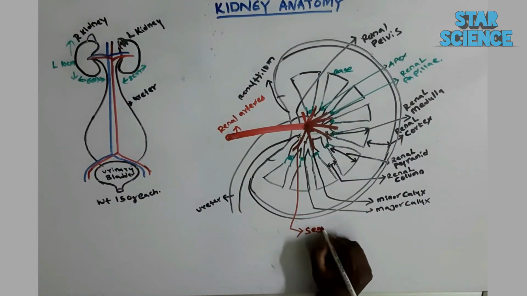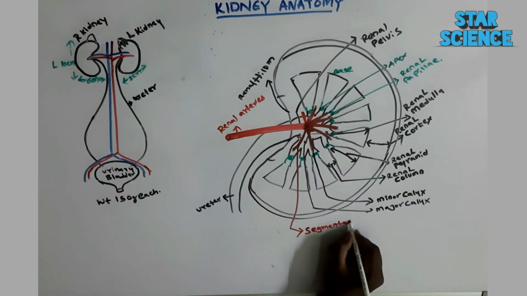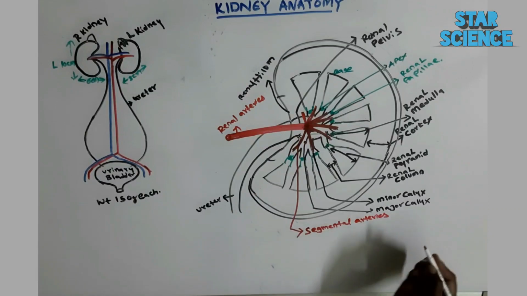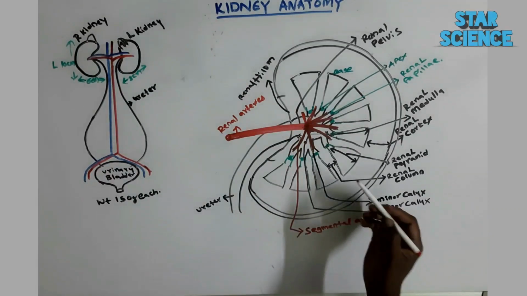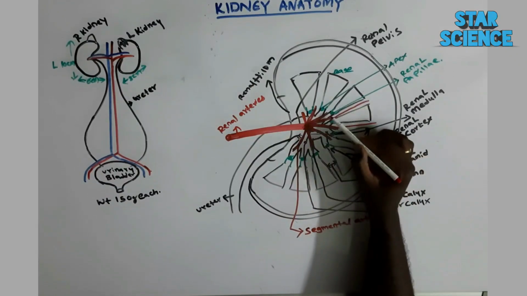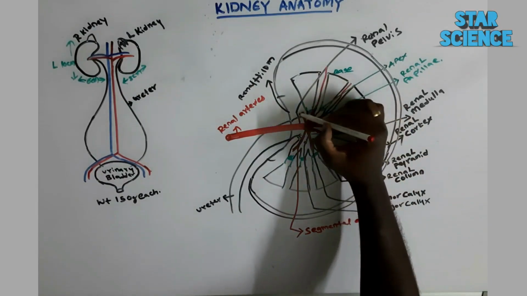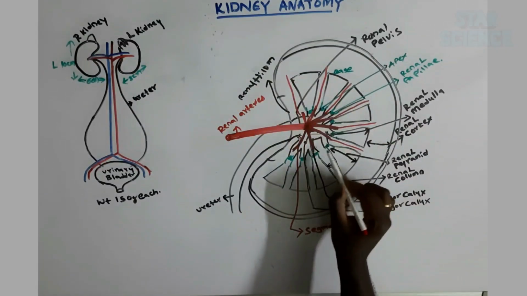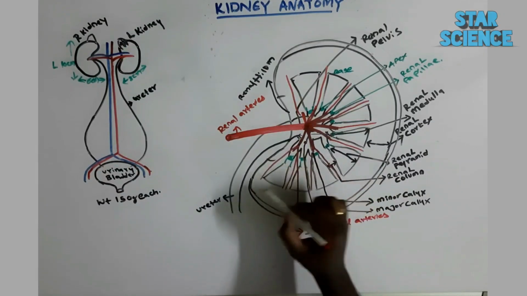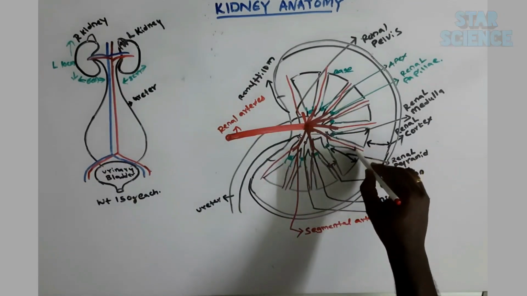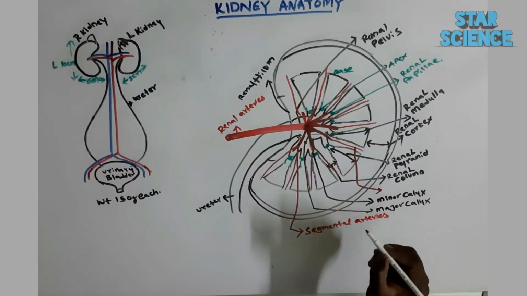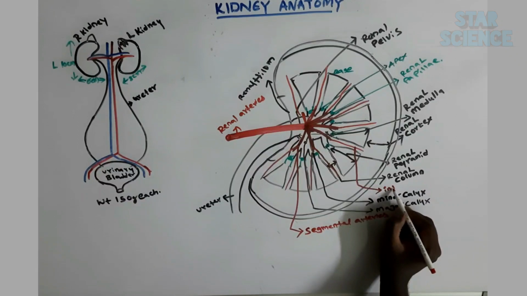The segmental arteries further divide in between each renal pyramid and enter into the cortex region. These particular branches of arteries are called the interlobar arteries.